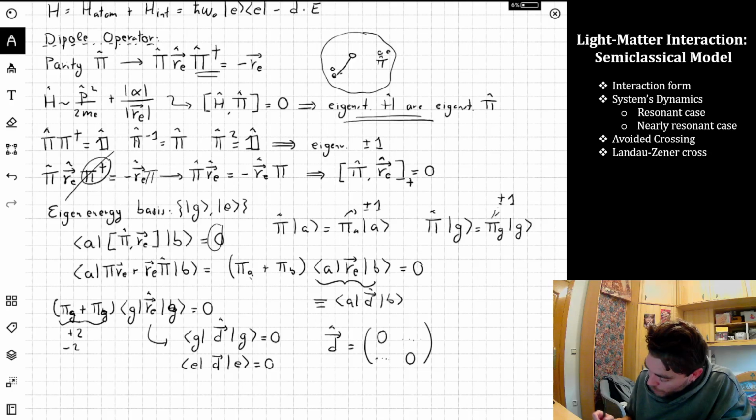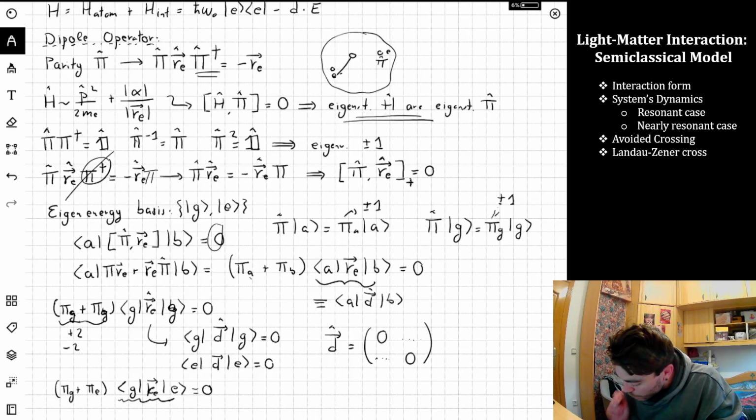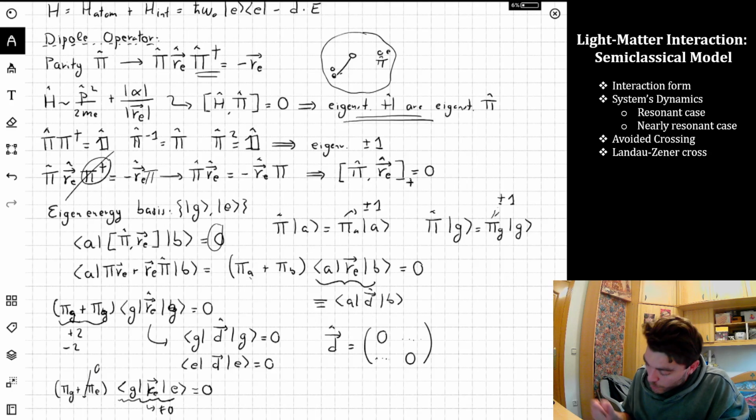Because in particular, if I have now the G RE, now is pi G pi E, this is equal to 0. Now I don't need this to be 0. It can also be 0, but I don't need this to be 0. This doesn't have to be 0 because the parity of ground state and excited state could be opposite, so that this actually fulfills the equation.